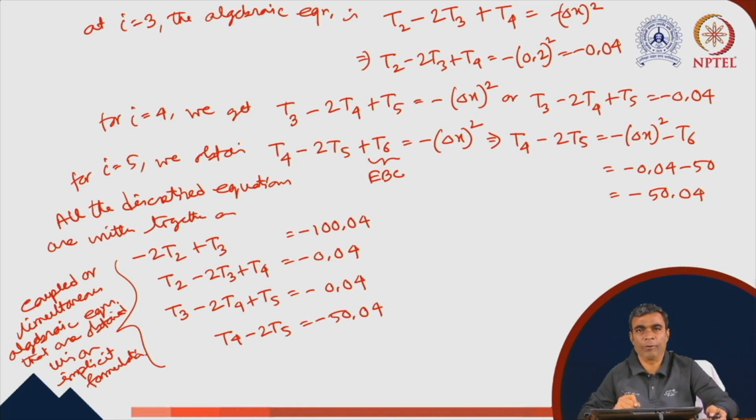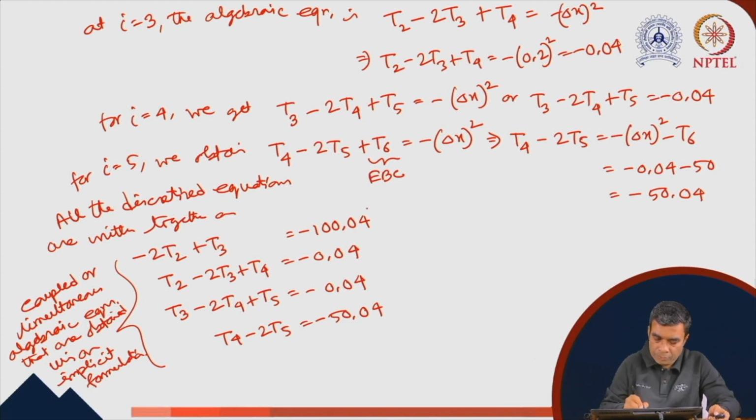Whatever the steps we have followed here correspond to an implicit formulation, and we got a system of algebraic equations that is of not diagonal type. In one equation, we have many unknowns. That is a feature of the matrices that are outcomes of implicit formulations.